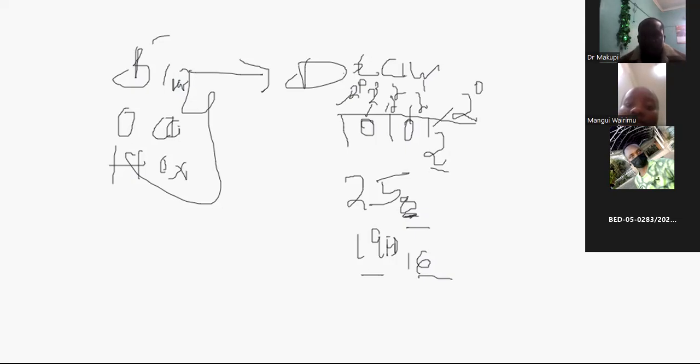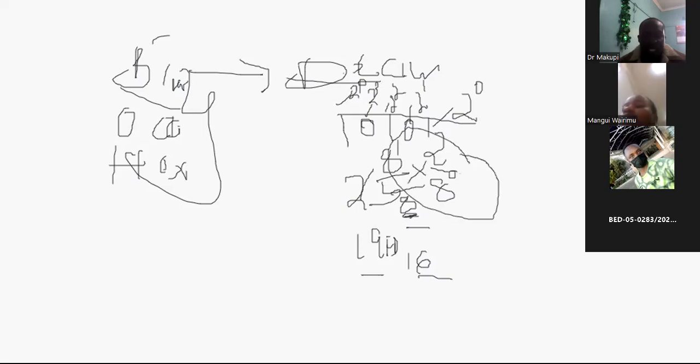So you are talking about binary to decimal. Whatever you want to do is just multiply by increasing powers of that base. Even if it is octal, you now multiply, for example, 5 times 8 raised to 0, and then 2 multiplied by 8 raised to 1, and just add. Then it will give you the decimal equivalent again.